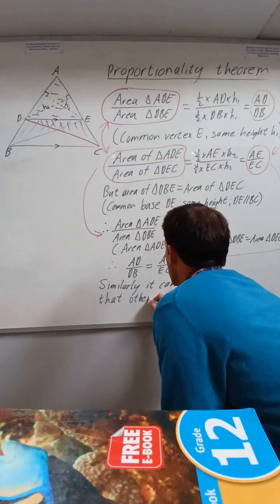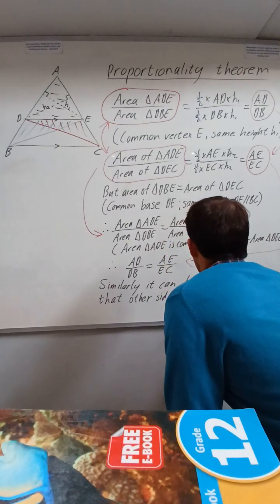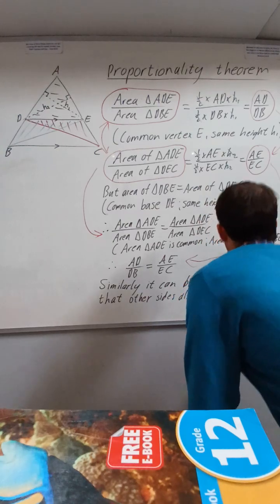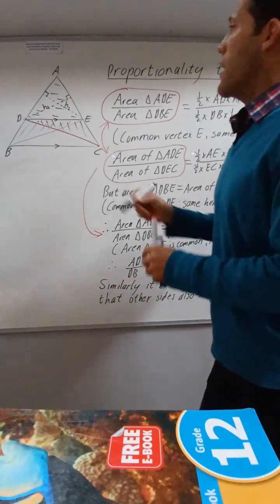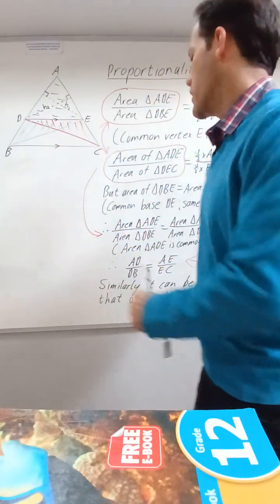The other sides are also in proportion if you draw a line parallel to this one, or if you draw a line parallel to that one.